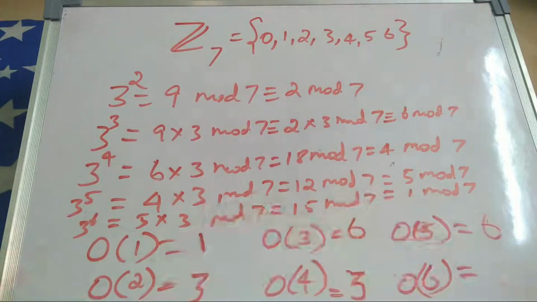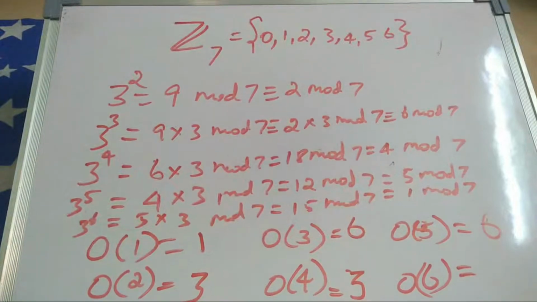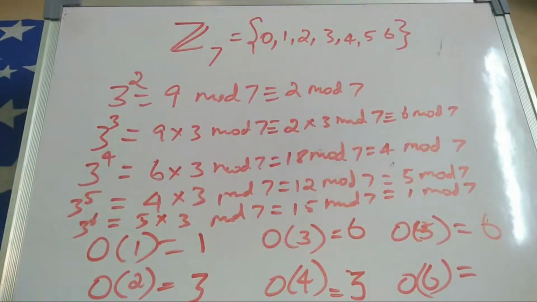Okay. And order of 6 is 2. Yes. Okay, fine. Now, our next guess. Please look here. U of 7 had 1, 2, 3, 4, 5, 6. It had just 6 elements.